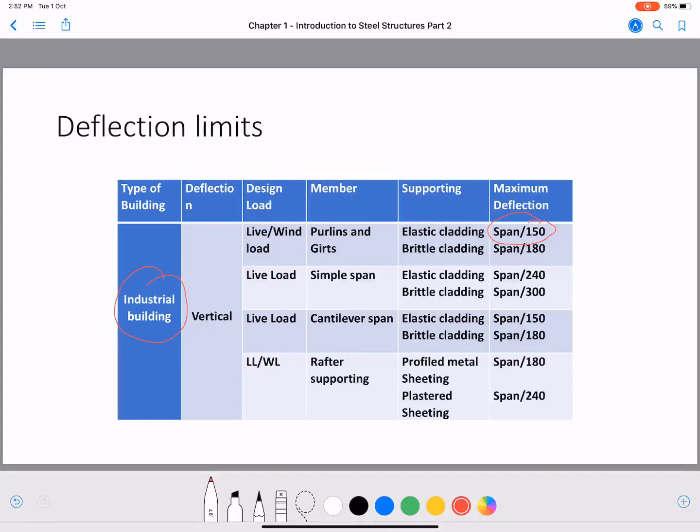That means the span of the member divided by 150, and the actual deflection will be calculated based on the analysis. If the actual deflection is less than the maximum deflection, that means the structure is safe.